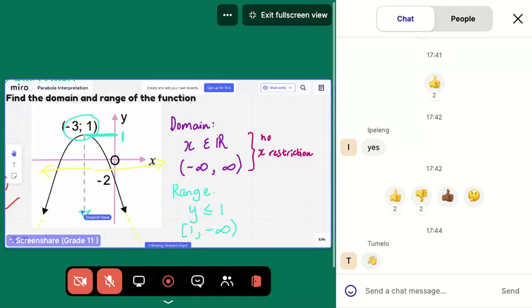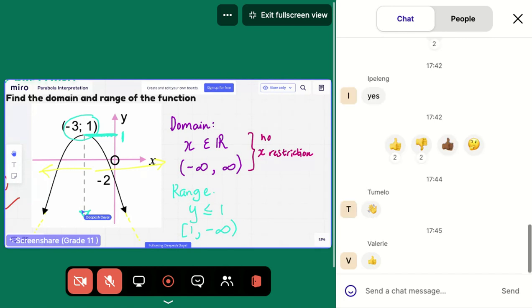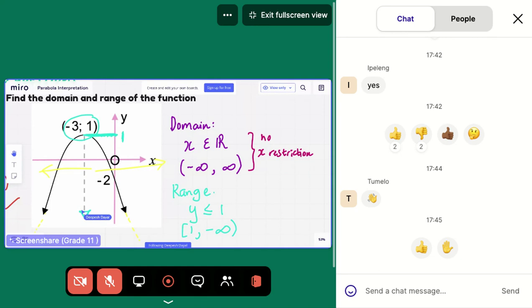Okay, are you all ready to move on to what we're going to be doing today, the interpretation of the graphs? Are you all ready? Everybody else?